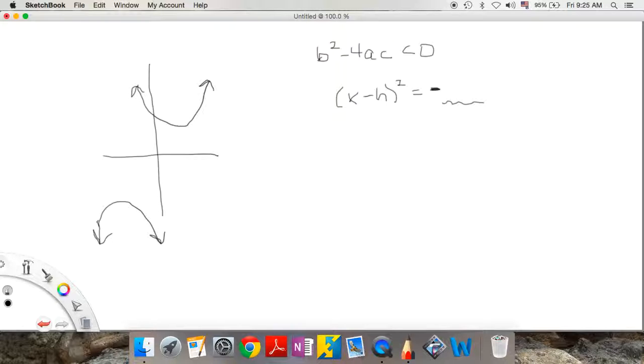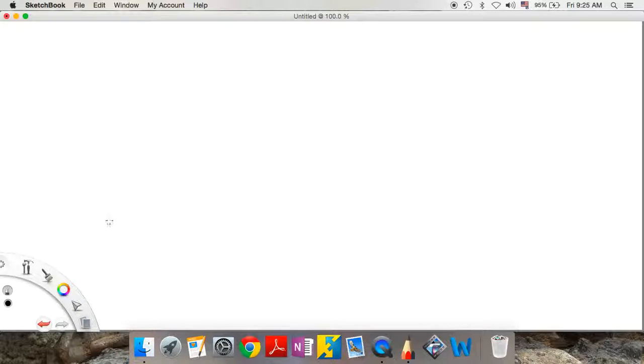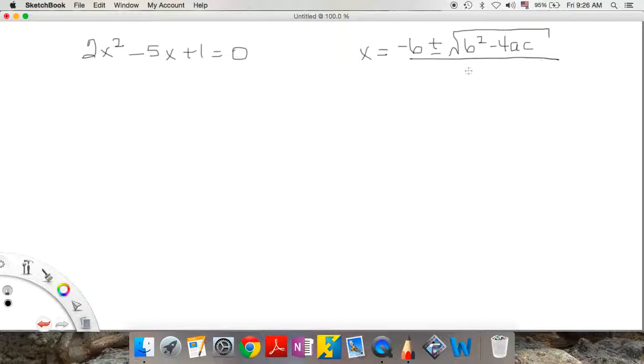All right, now, we also need to be able to solve these equations by the quadratic formula. So I want to go ahead and do one with the quadratic formula just to make sure. Remember, x equals opposite b plus or minus the square root of b squared minus 4ac all over 2a.